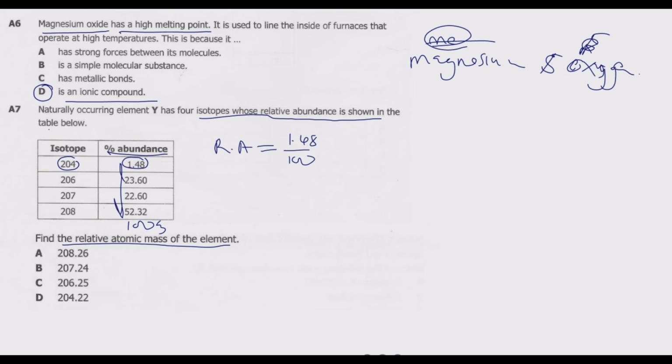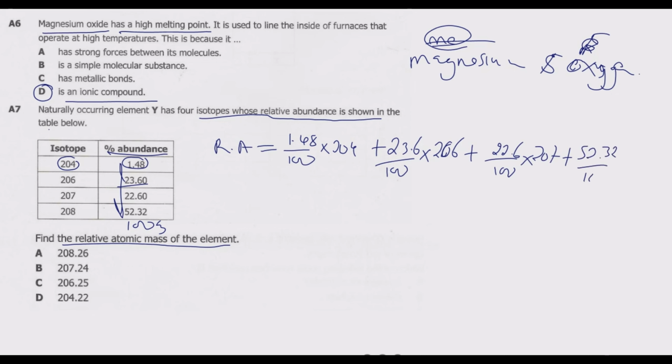Okay, so multiply by 204, then plus, we come to this one, which is 23.6%, so over 100, because we are dividing by 100 to make it a percentage, multiplied by 206, then plus 22.6 over 100 multiplied by 207, then plus 52.32 over 100 multiplied by this one, which is 208.